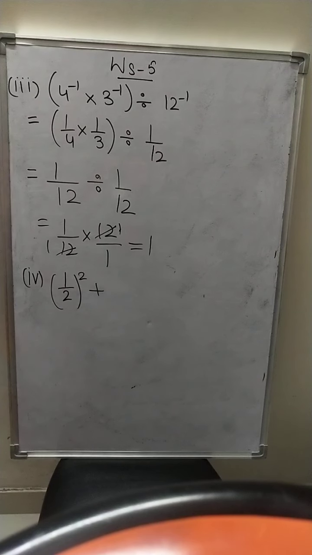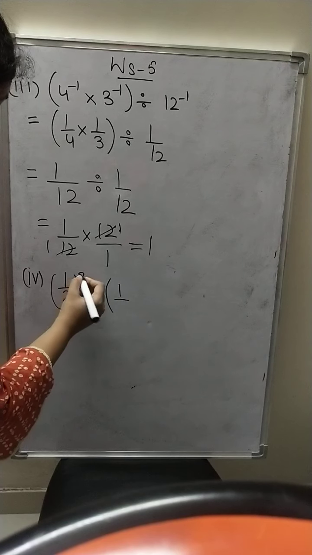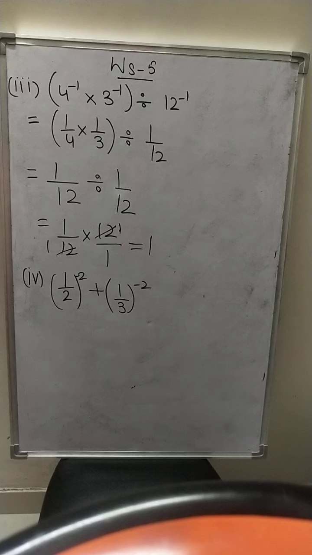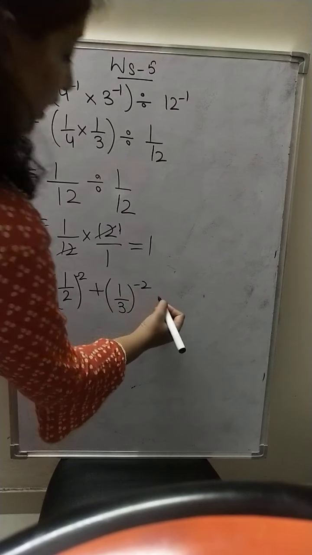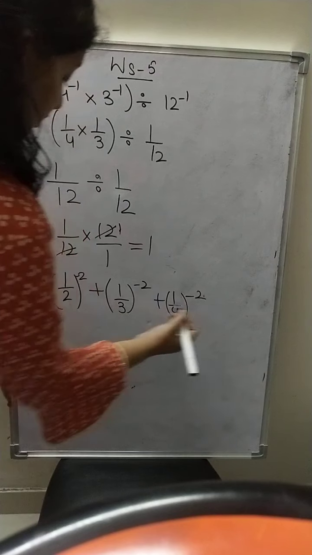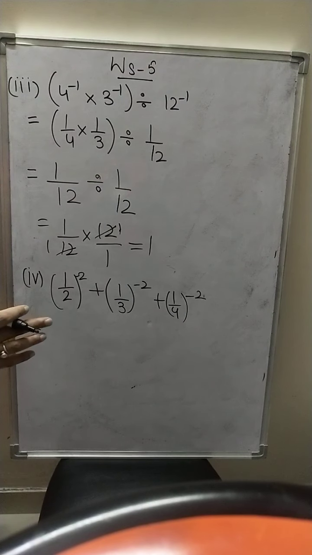Then there is a plus sign. I have 1 upon 3 raised to the power minus 2 and plus 1 upon 4 raised to the power minus 2. Alright. Now what am I going to do? I have to solve the brackets and remove the negative sign.